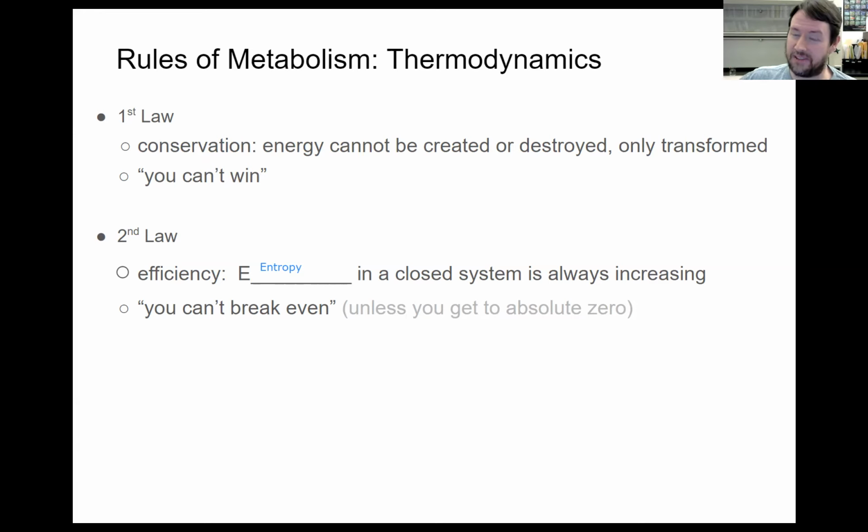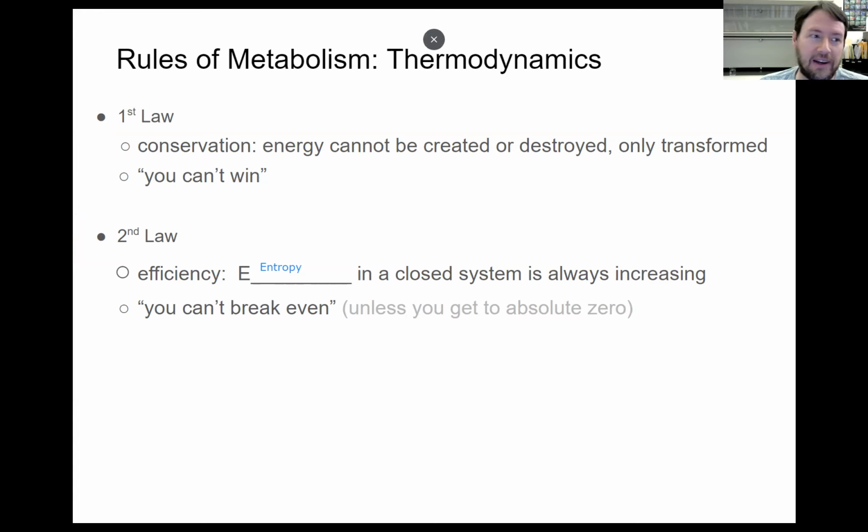And if you had absolute zero as a place to dump your heat, woohoo, you could break even. Except that nothing is ever absolute zero, because where is it going to dump its heat to, something even colder? No, there is no colder. Anyhow, those are the rules that we have to play by.